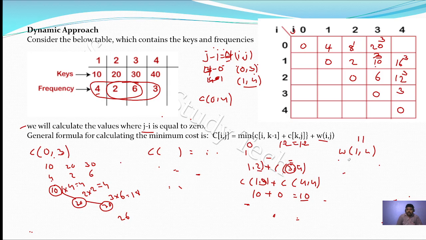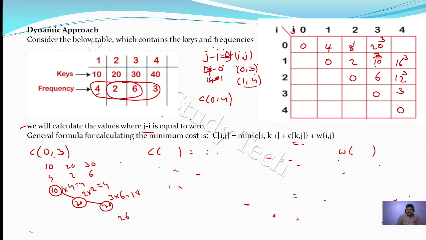Here it is W of 0 comma 4. The k values are 1, 2, 3 and 4. At a time 4 keys you consider. Here it is the minimum of, where W of 0 comma 4 is all the keys' frequencies.